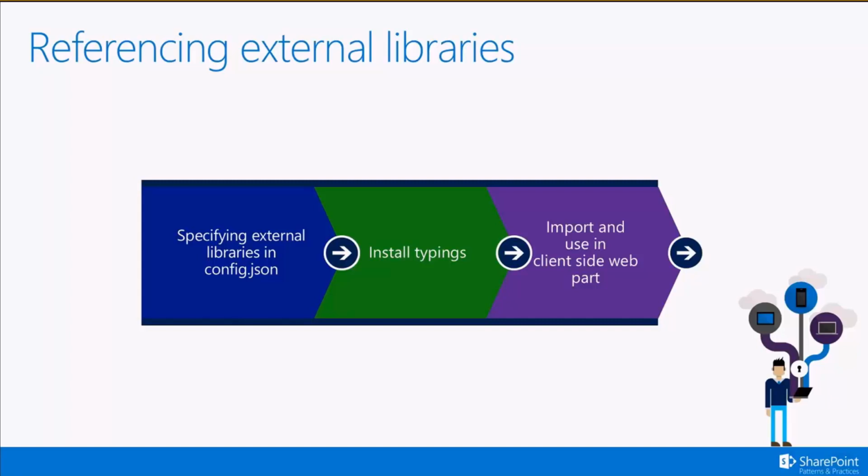Then you install the typings, for example the Angular typings, and typings are really for your TypeScript development, so you're able to take advantage of IntelliSense and all of that development goodness. After the typings have been installed, you import the actual types into your client-side web part file and start using them within your code.